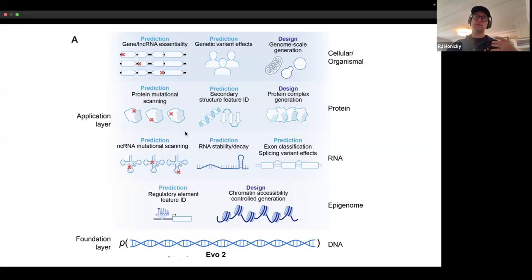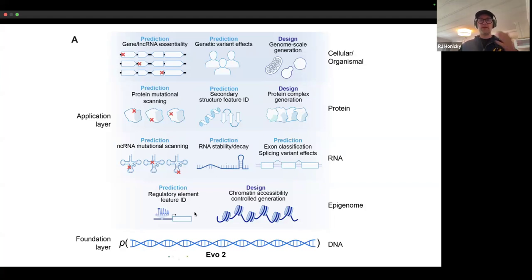But there's also predicting protein mutations based on gene changes, identifying structures in protein folds, designing proteins, and in the RNA, being able to find mutations and predict whether an RNA strand will be stable or not.